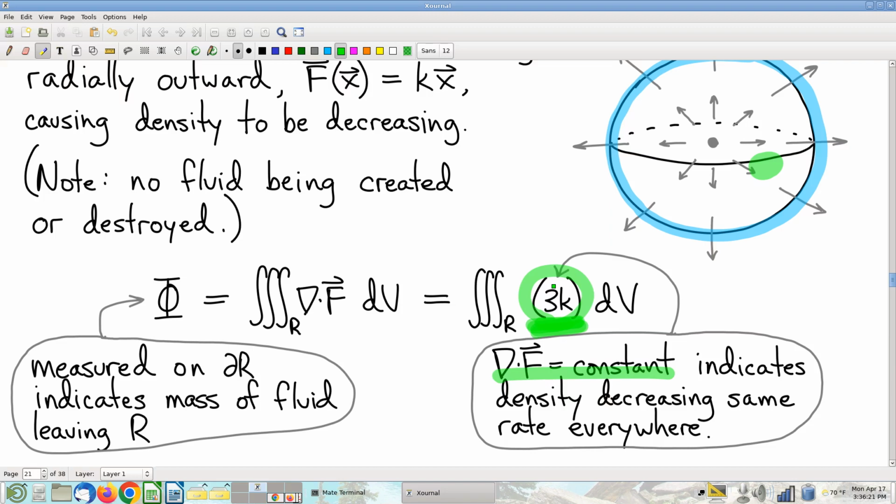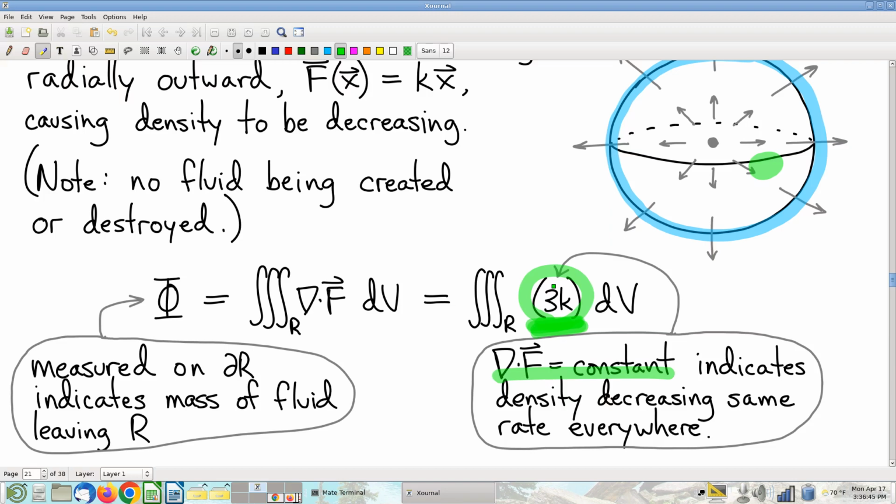So if you think about the arithmetic of it all, we've got a certain amount of gas inside of our sphere. As that fluid starts to leave, there's less and less gas inside of our sphere. The density is still uniform, though. So that means that inside of this sphere, there was a uniform density of gas at some level.